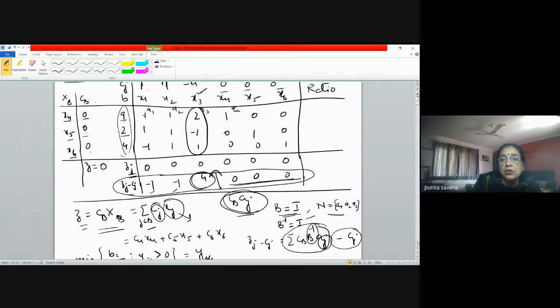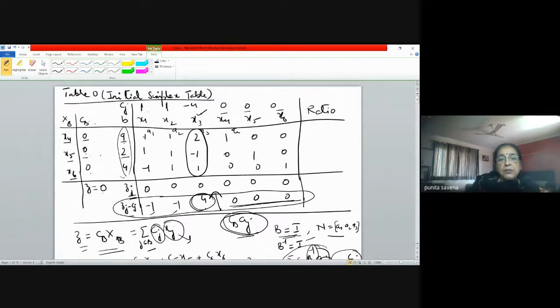Okay. So if you come back to this table, you observe that these are the 3 entries in this column, which is going to be your entering column. But out of these 3, 1 is less than 0. So this is not to be considered for the leaving criteria. This amounts to saying that X5 will not leave the basis. The only choice between the variables that can leave the basis is between X4 and X6.